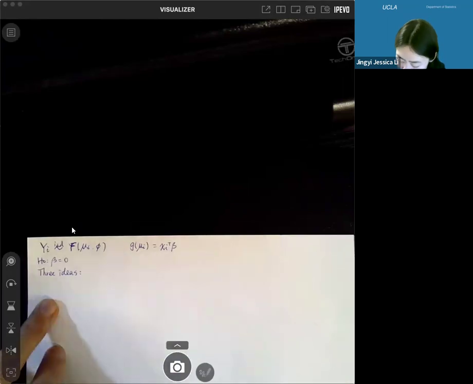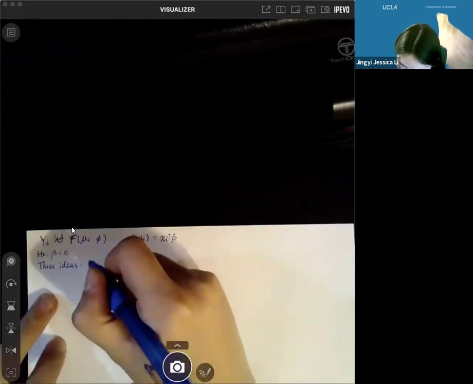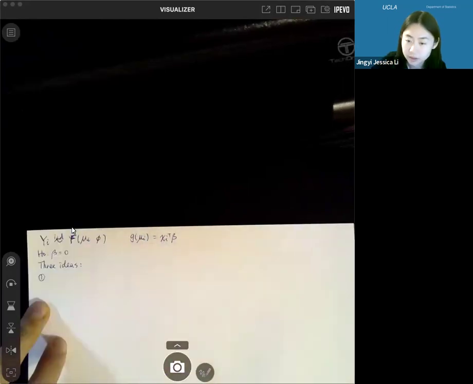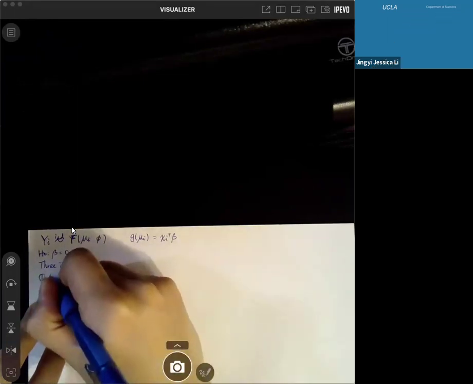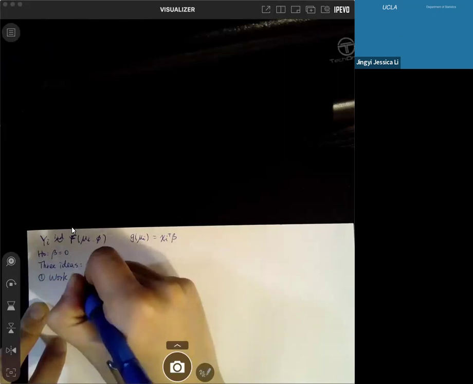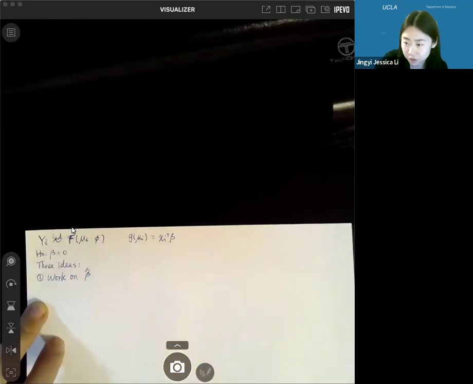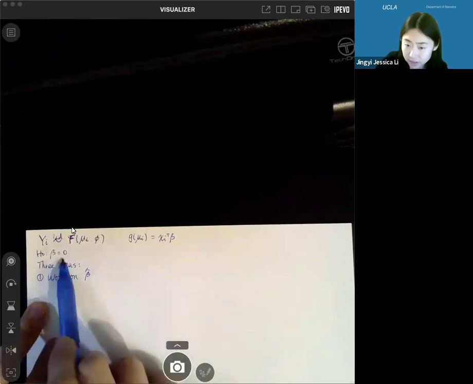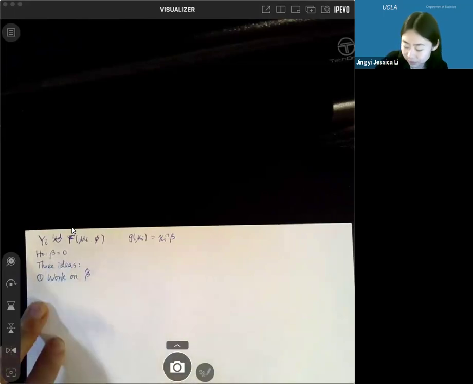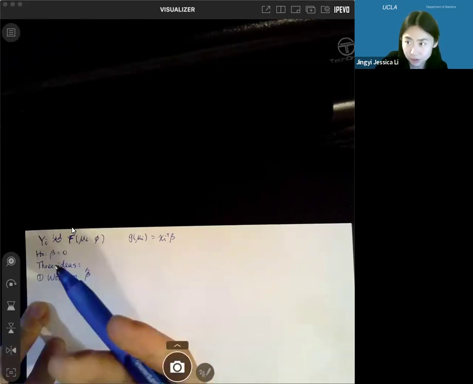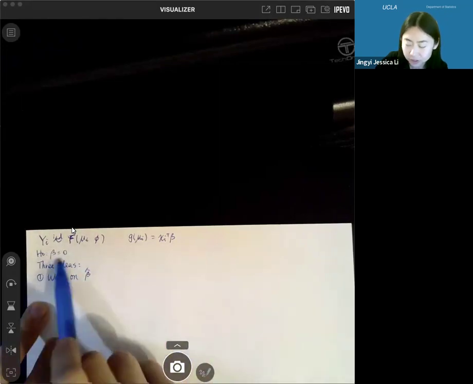So the first one is based on the estimator of beta. So directly work on beta hat, which is what we obtain from the optimization. And the idea is that if this beta hat is somewhat close to zero, we think this null hypothesis is more likely true. If this beta hat is very different from zero, we will more likely reject the null hypothesis.